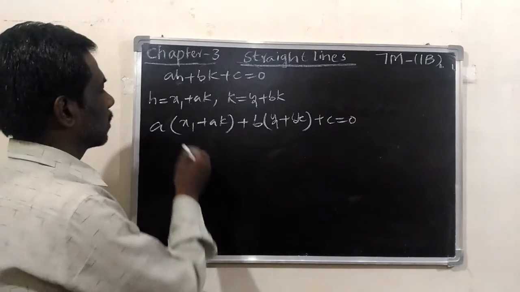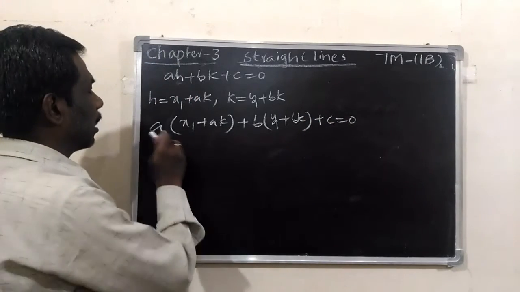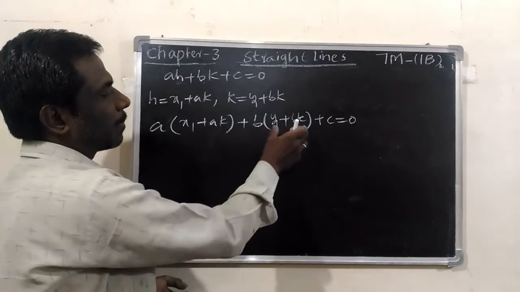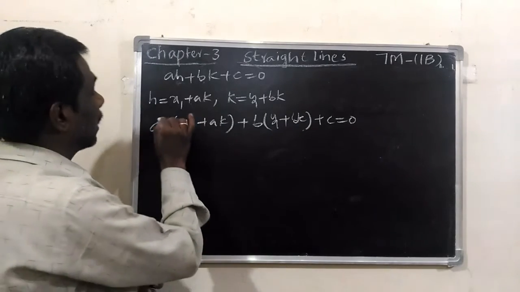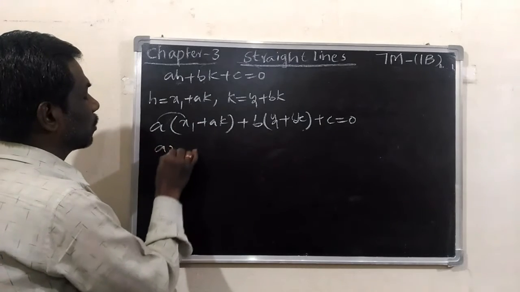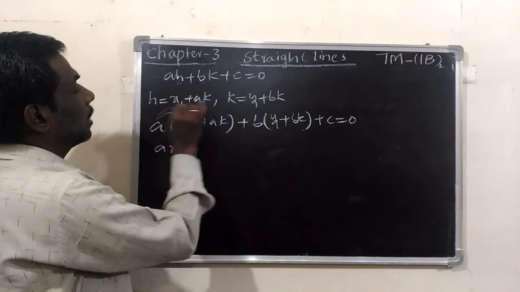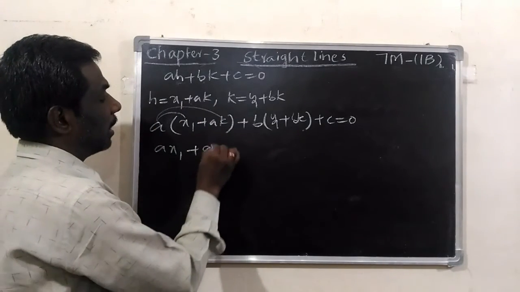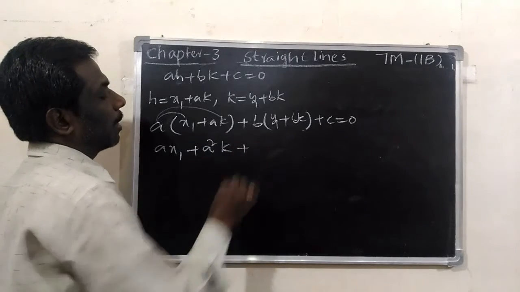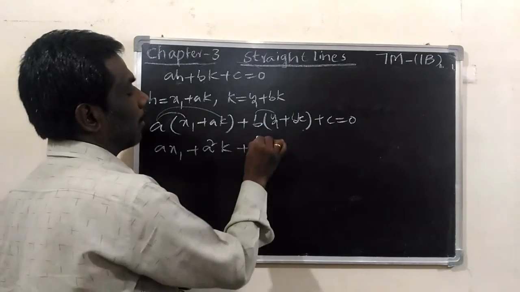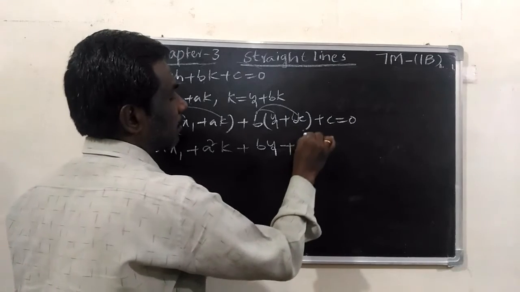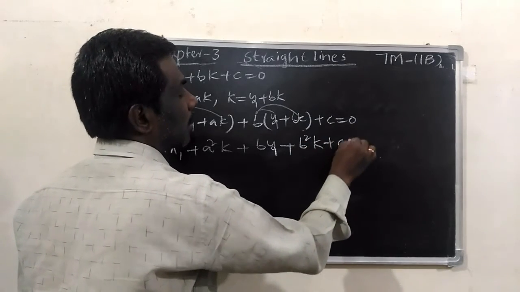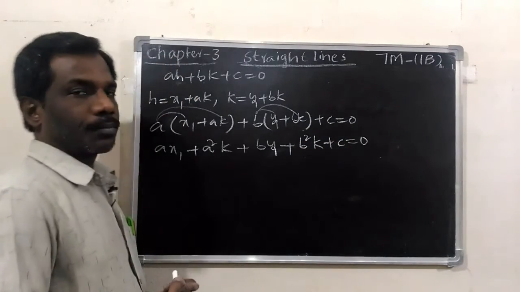Next, this bracket term is multiplying with a and this bracket term is multiplying with b. Then what will we get? a into x1 is ax1, plus a into ak is a square k, plus b into y1 is by1, plus b into bk is b square k, plus c equal to 0.